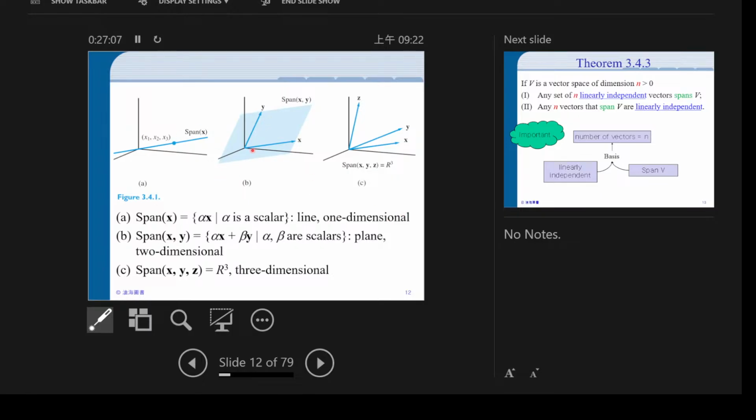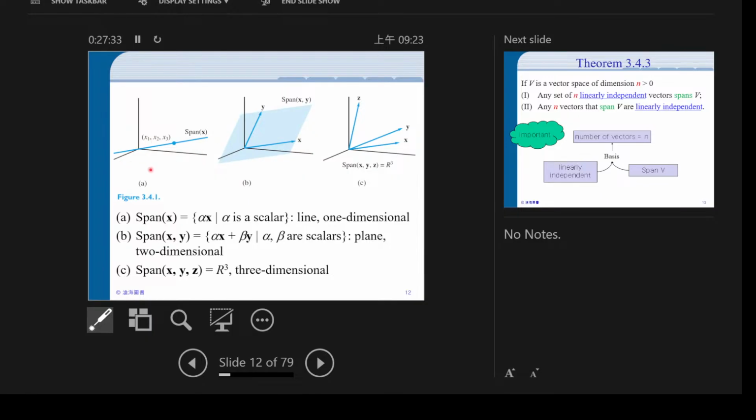And then we have a span of two vectors, and it's this plane, and it's a two-dimensional subspace of R3. And finally, you have three vectors that are linearly independent, therefore they are not on the same plane, and they will span the whole R3, and it's a three-dimensional vector space. So you see that Rn is an n-dimensional vector space.